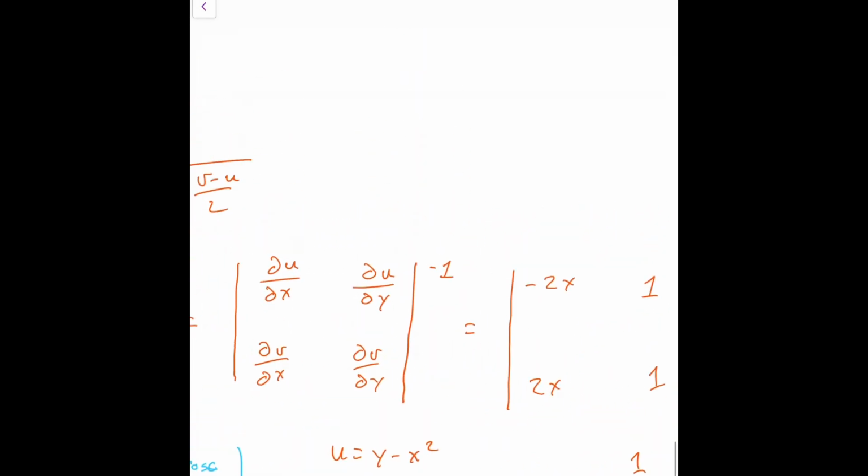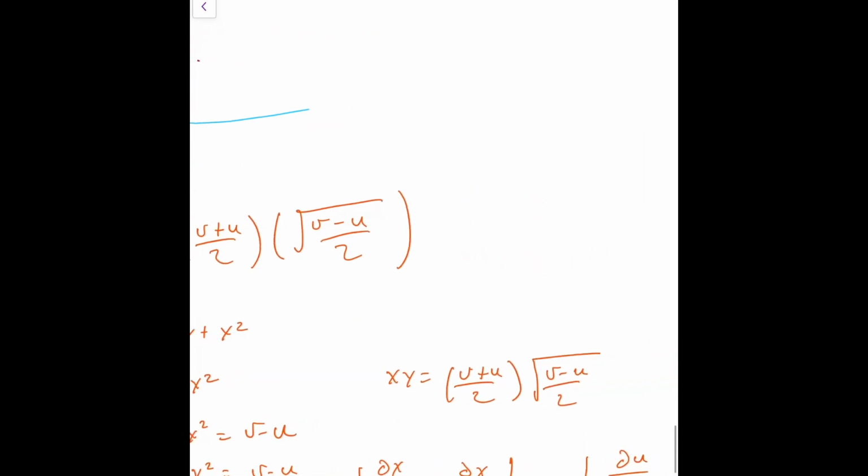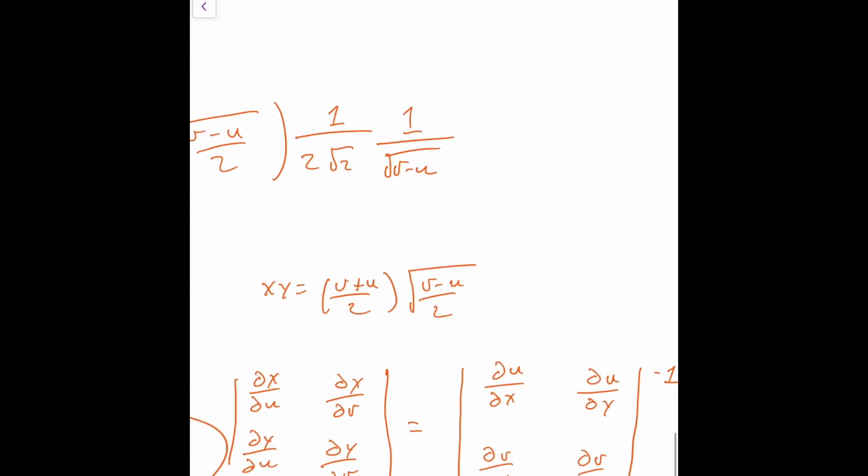Okay, so now let me bring that up here, and we have to take absolute values of that. So now this is going to be equal to 1 over 2 square root of 2, 1 over the square root of v minus u, dv du.